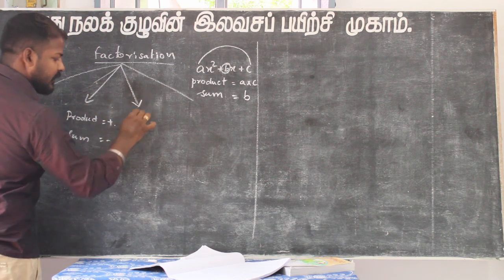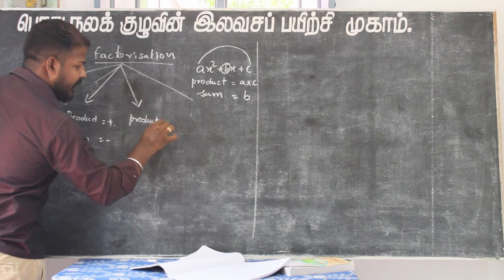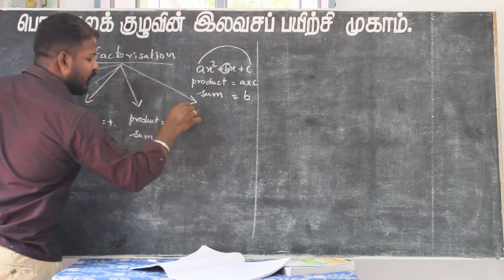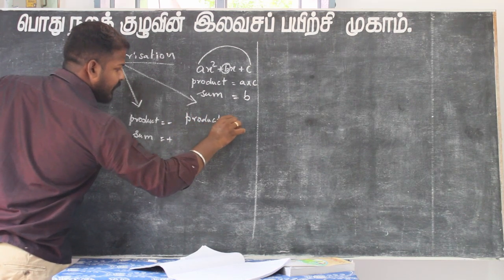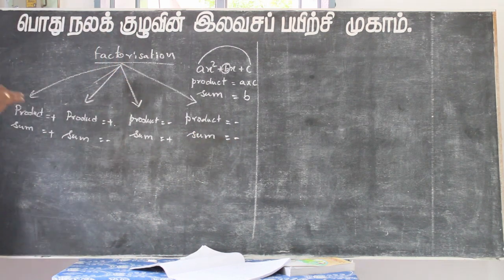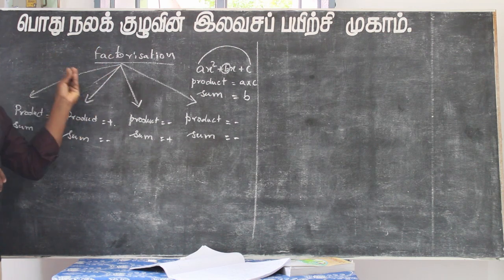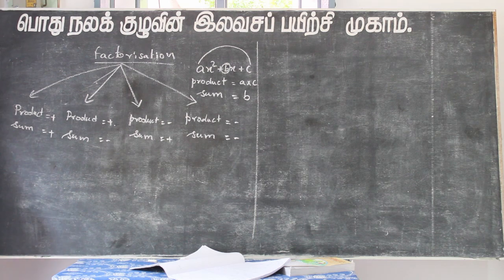Third case, your product is negative and sum is positive. The fourth case, product is negative and your sum is also negative. So there are 4 possible cases when factorizing the quadratic polynomial. First we will see the first case, product positive and sum positive.